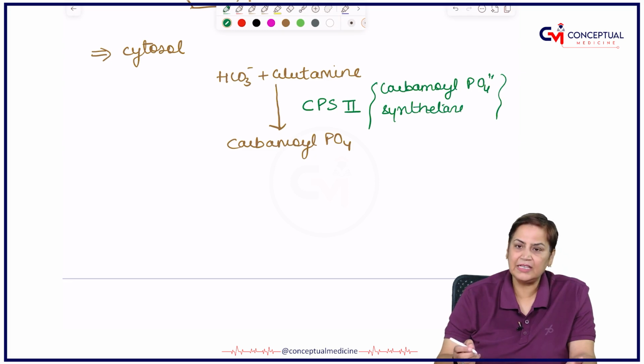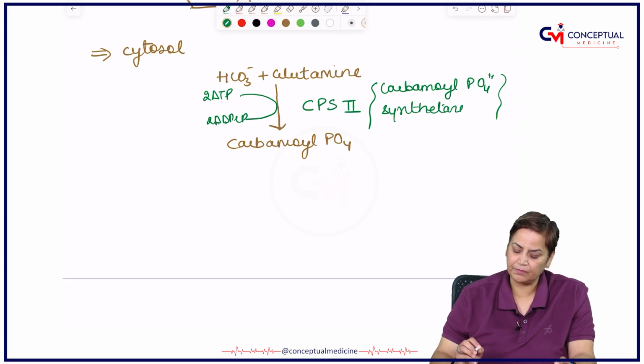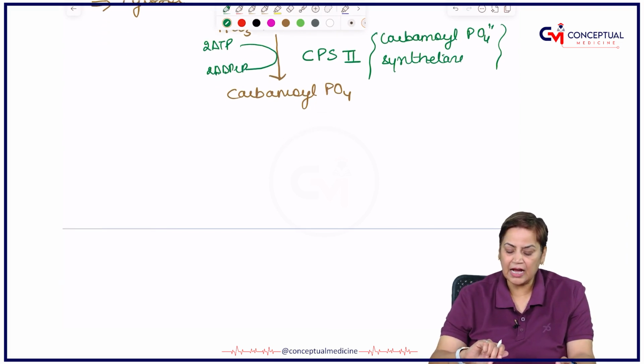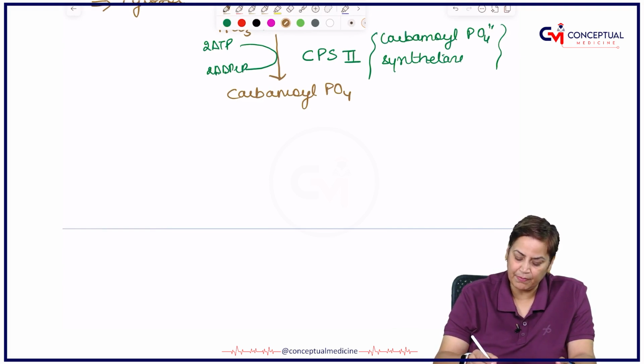Obviously, since it is a synthetase, we have to write ATP, ADP plus inorganic phosphate.